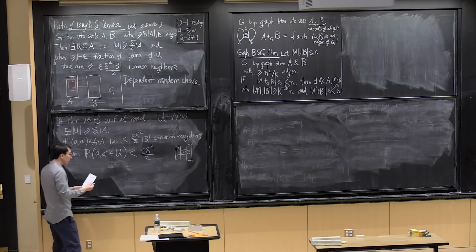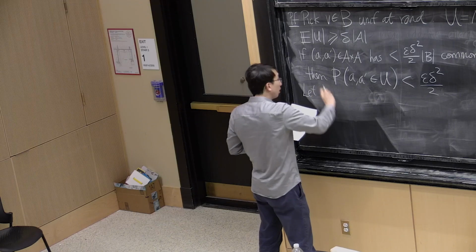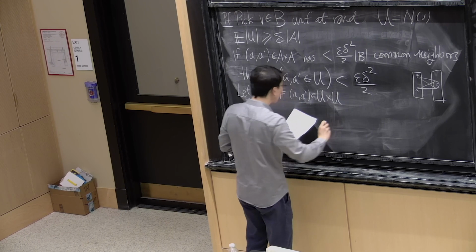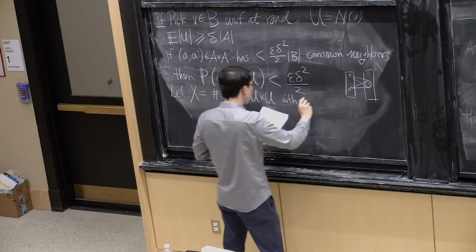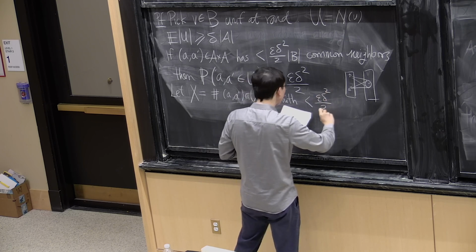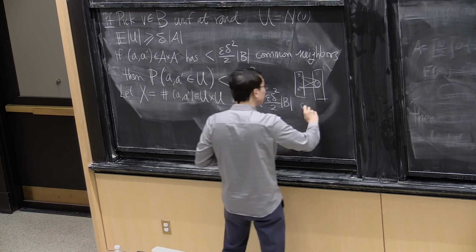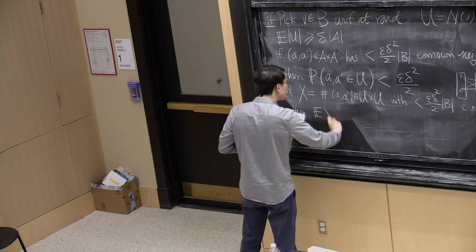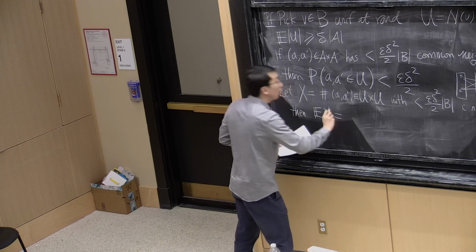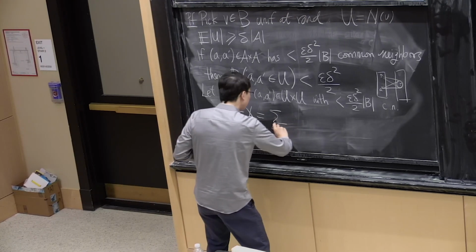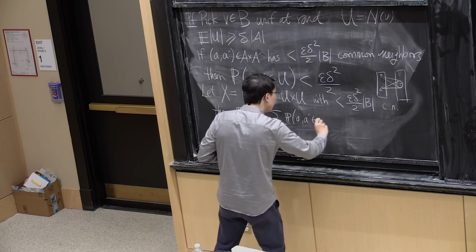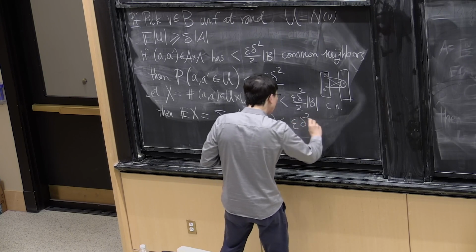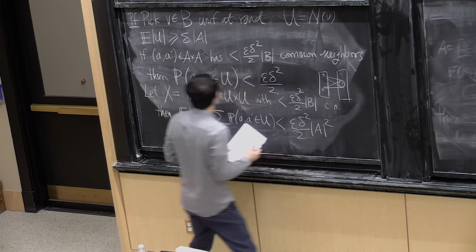And if you just think about how U is constructed. So if we let X be the number of pairs A and A prime in U cross U with at most epsilon delta squared over 2 times B common neighbors, then by linearity of expectations, the expectation of X is, well, by summing up all of these probabilities of A and A prime both being in U, at most epsilon delta squared over 2 times size of A squared.